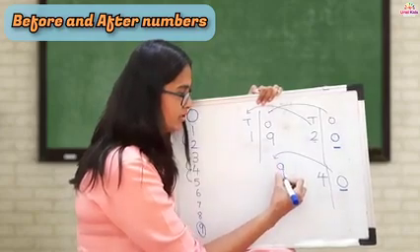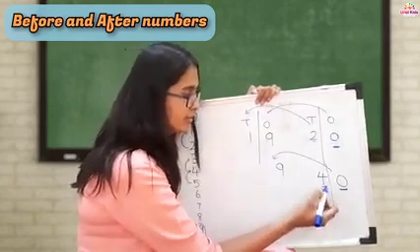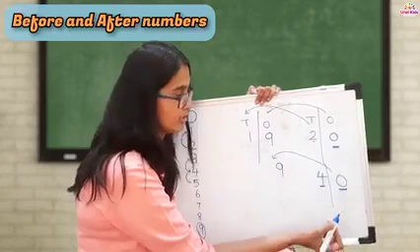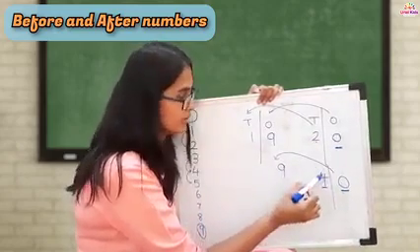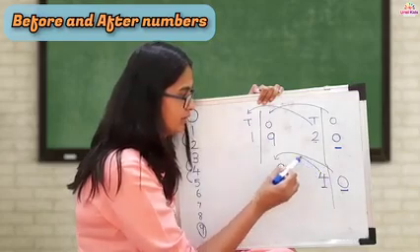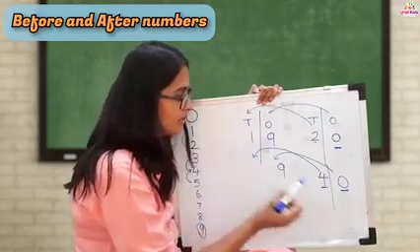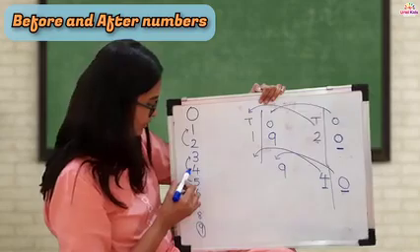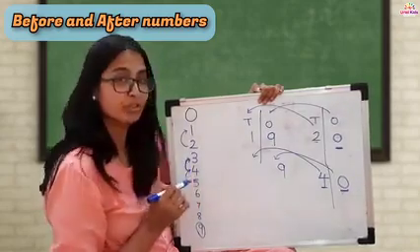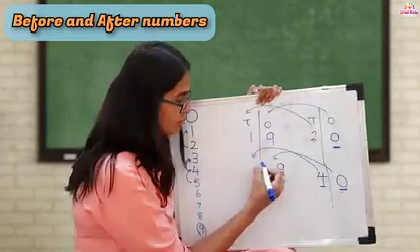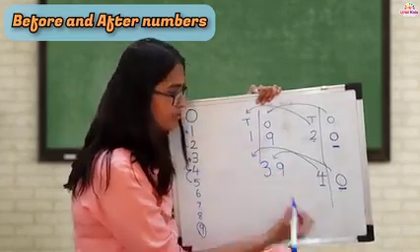Here also in the tens place the number will change because the number is ending with 0. Otherwise we don't change the number in the tens place. Now what number comes before 4? We have already discussed the number that comes before 4 is 3. So I am going to write number 3 here.